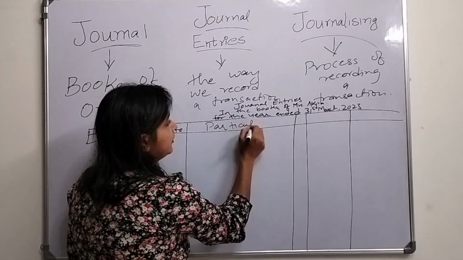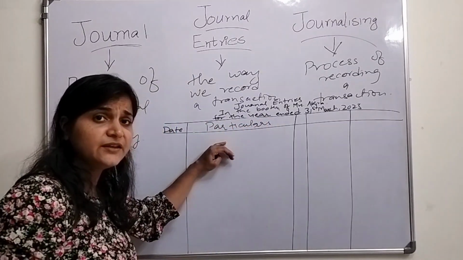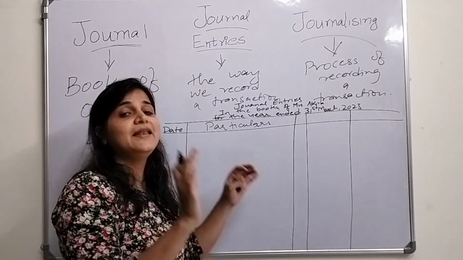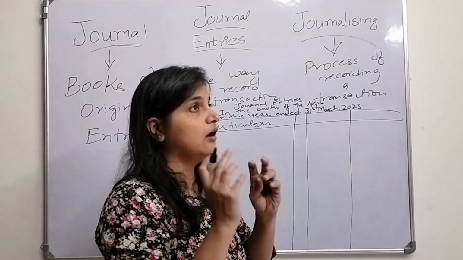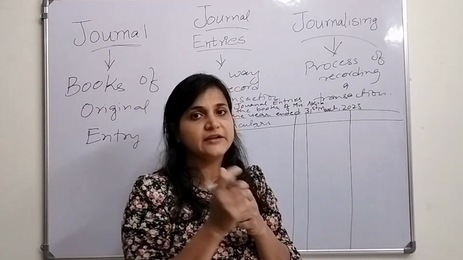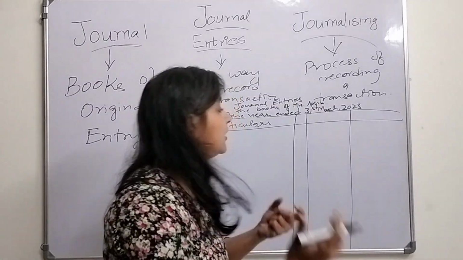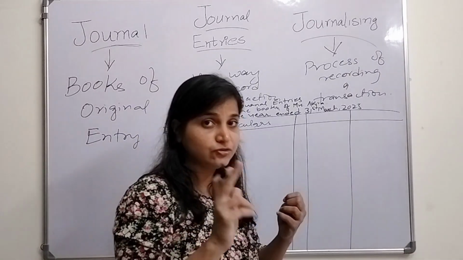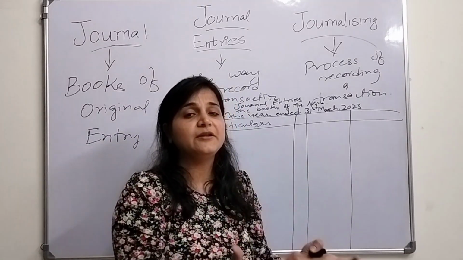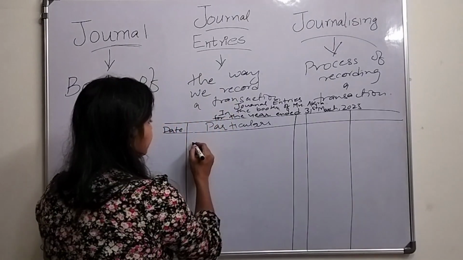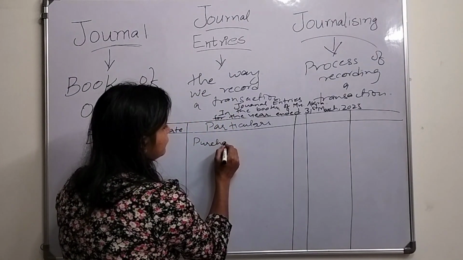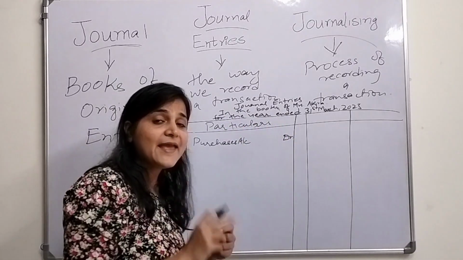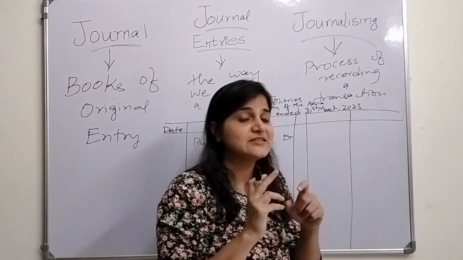This is the particulars column. Here we will write what transaction has occurred. Let's say I purchased goods worth rupees 30,000 from Mr. Dheeraj. We will follow the rules of debit and credit. Purchases account debit. I am purchasing the goods from Mr. Dheeraj.